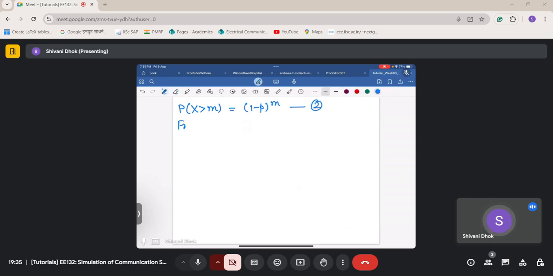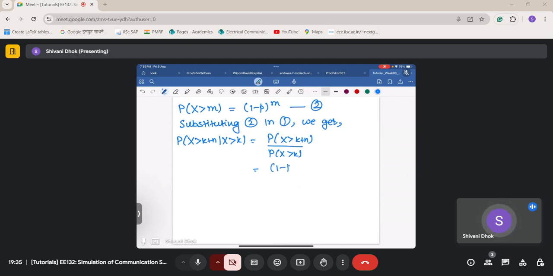Okay. So substituting this in 1 we get probability that x is greater than k plus n upon probability that x is greater than m, or let me write it properly, x greater than k plus n given x is greater than k, which we obtained as probability that x is greater than k plus n upon probability that x is greater than k.